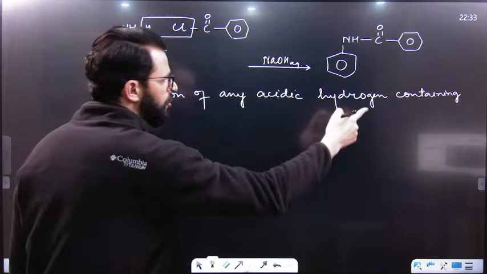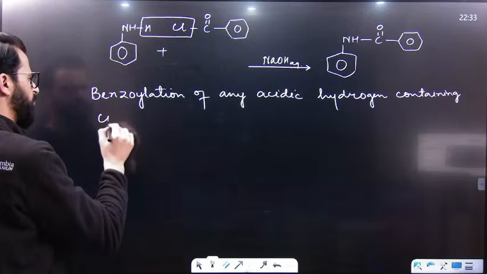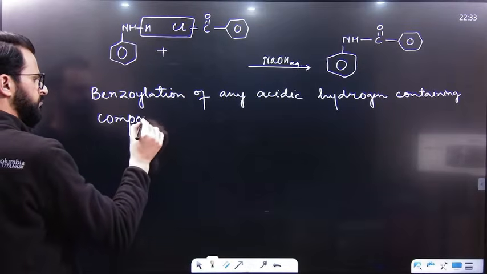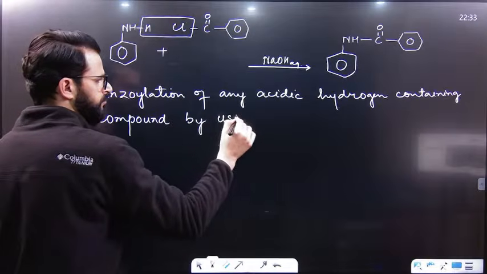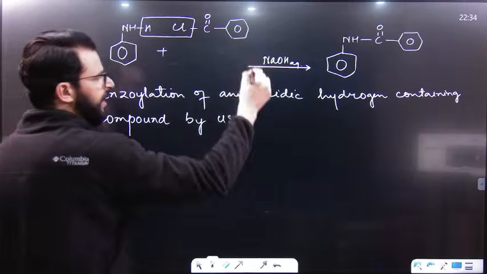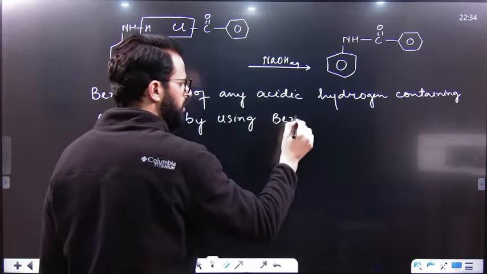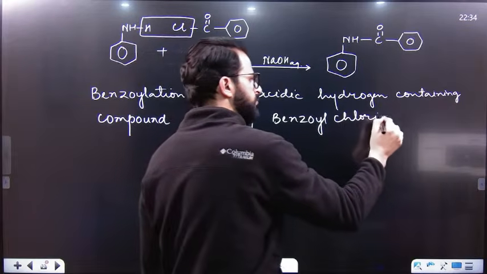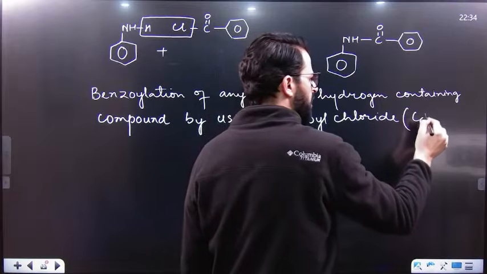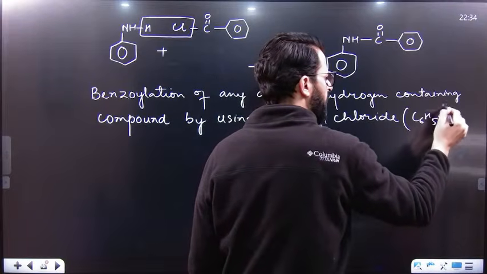So benzoylation of any acidic hydrogen containing compound by using benzoyl chloride, I mean say C6H5, C double bond O and Cl. This is benzoyl chloride.